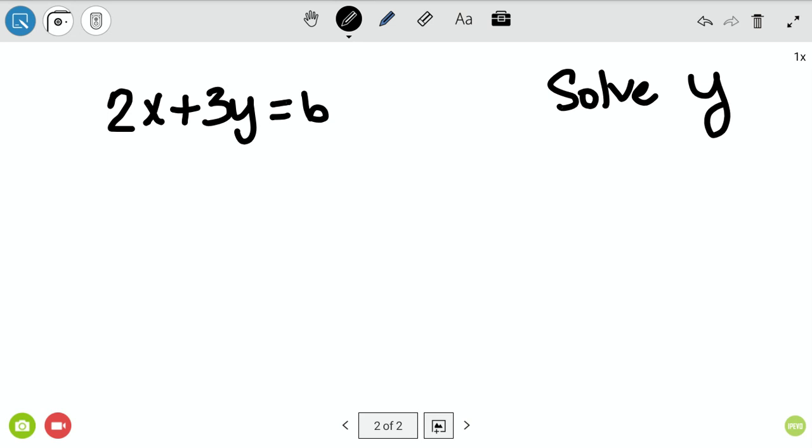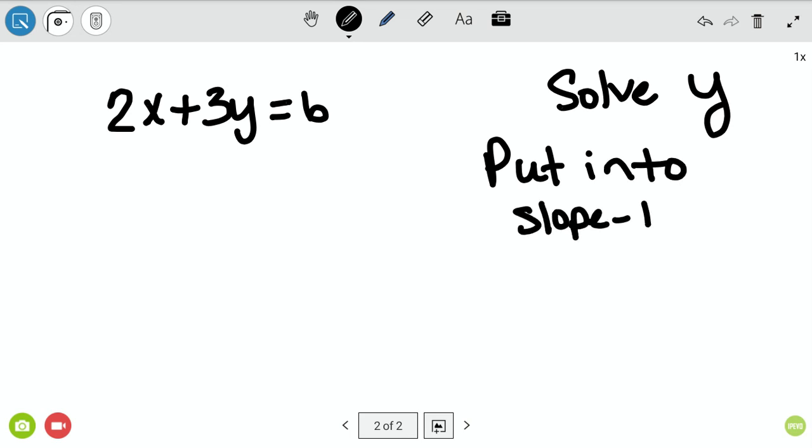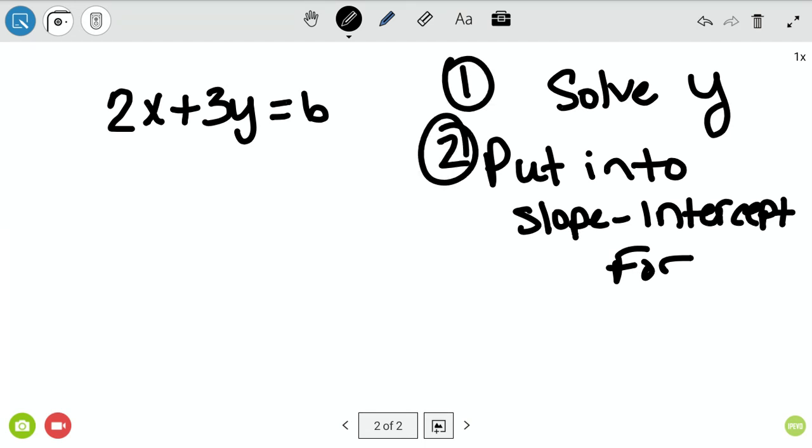And another way, the other instructions you could be given that would mean the same thing would be to put into slope intercept form. This right here and this right here, number 1 and number 2, they mean the exact same thing. Solve for y means get it in y equals mx plus b. Put it in slope-intercept form means the same thing. It means put it in y equals mx plus b.